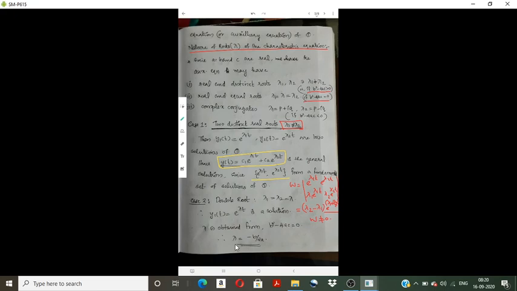Then by the formula for finding the root, minus b plus or minus root of b square minus 4ac, that will be 0. So this will be minus b by 2a. So the value of lambda will be minus b by 2a. So one solution is obtained as y1 of t equal to e raised to minus b by 2a into t.